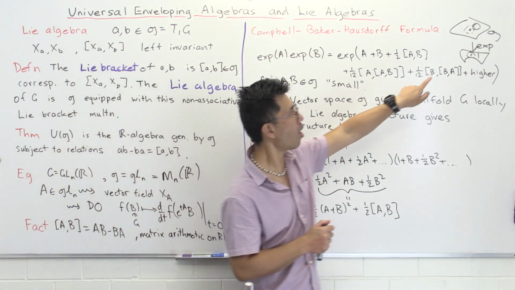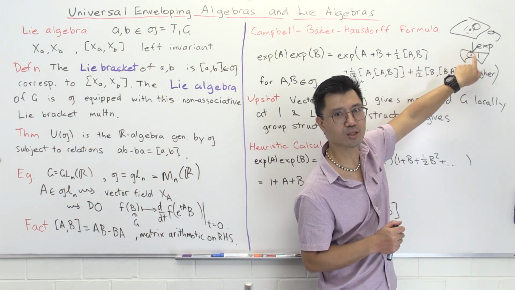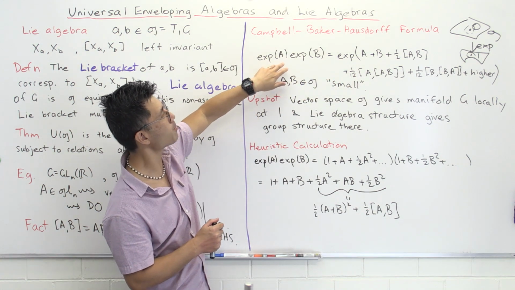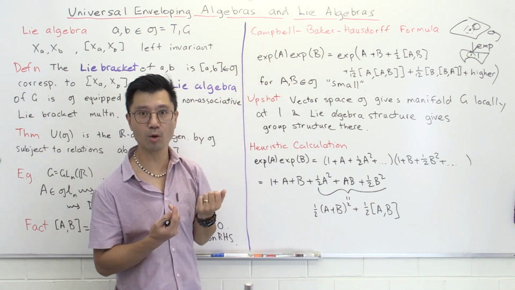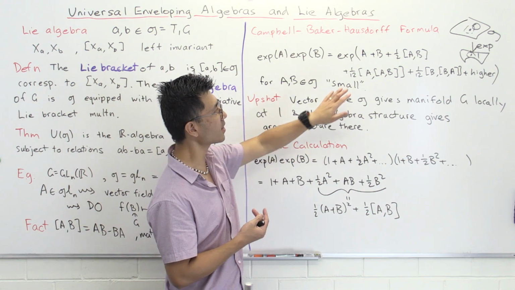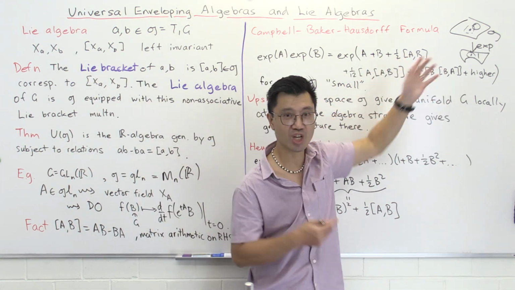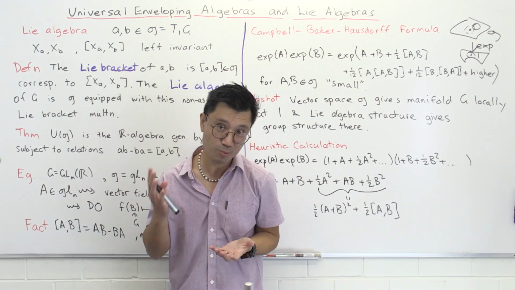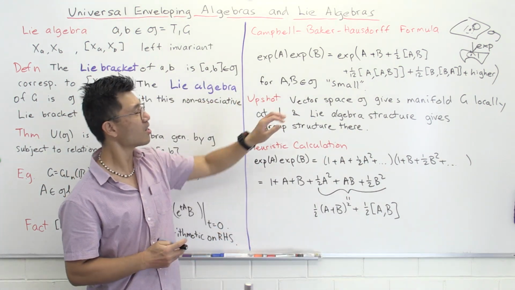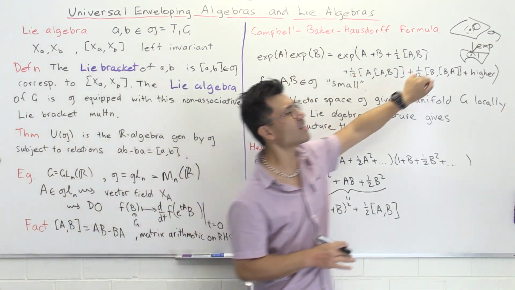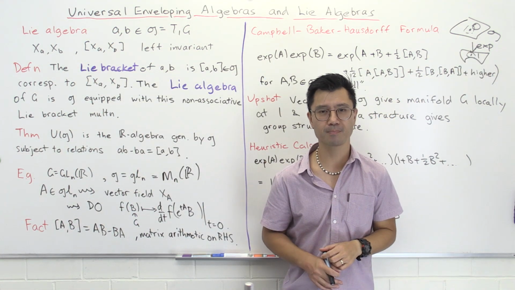But if you want to know how you multiply two things which are in a small neighbourhood of the identity, in other words, multiply x_a and x_b if a and b are small, how do you multiply them? Well, you can get that just using this Lie algebra structure, because this expression here just uses the Lie bracket. It's pretty neat, huh? So it's in that sense that the Lie algebra really tells you how to multiply, at least locally, in a neighbourhood of 1.